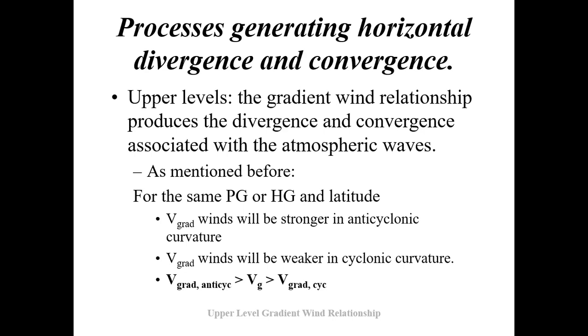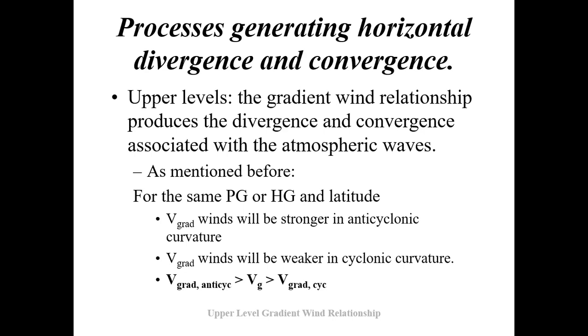Generally, for the same pressure gradient or height gradient and at the same latitude, so we're basically saying the pressure gradient or the height gradient is the same, gradient winds will generally be stronger in anticyclonic curvature or ridges, the long wave ridges at the jet stream level.